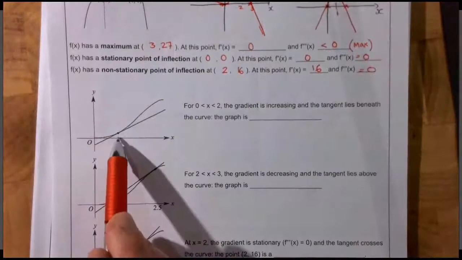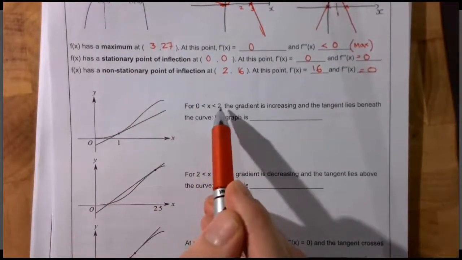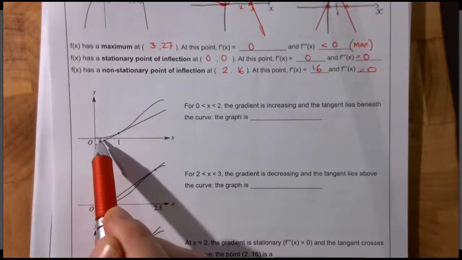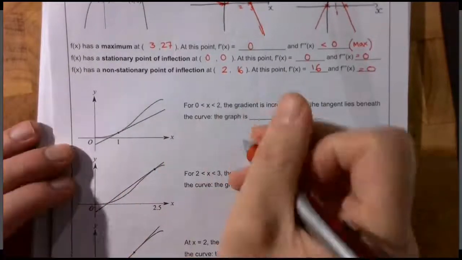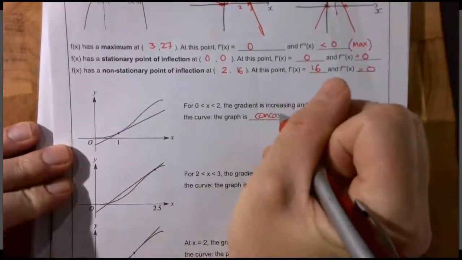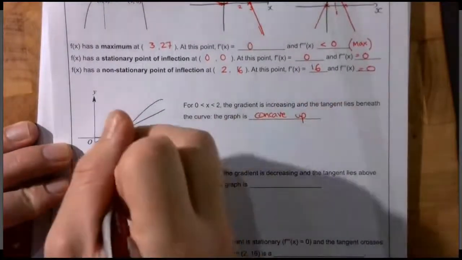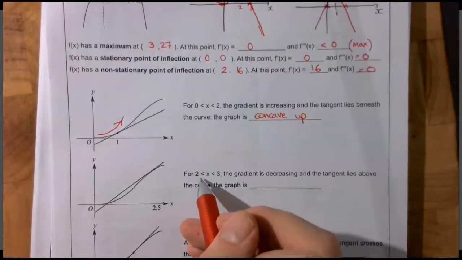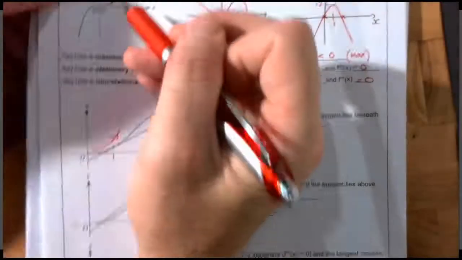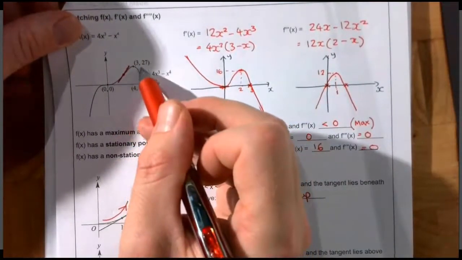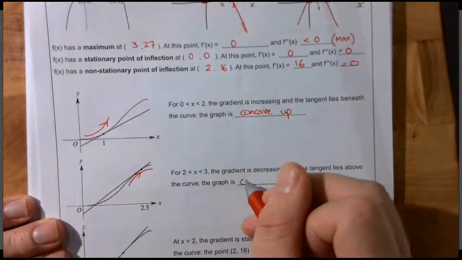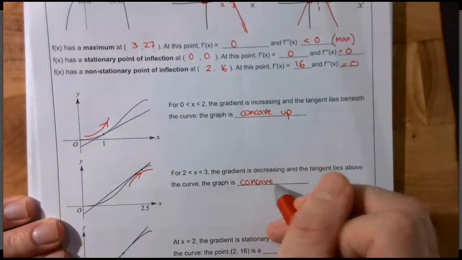Looking at the point 1 in between x equals 0 and 2 for this same function, we can see that the graph is curving upwards. And our name for that is concave up. It's curving upwards, like so. But if we go in between 2 and 3, so having moved past the point of inflection and moving towards the maximum, the graph is now curving downwards, and we call that concave down.